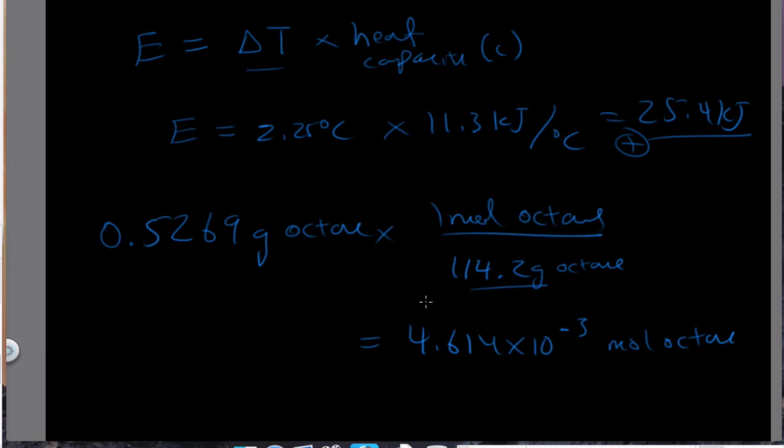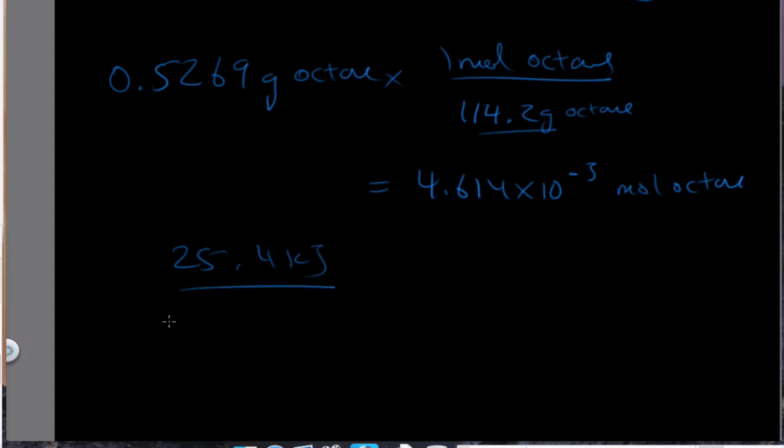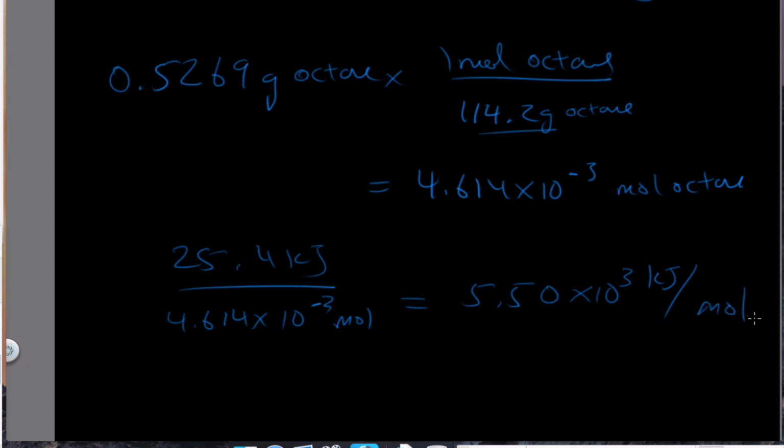So since 25.4 kilojoules of energy was released for 4.614 times 10 to the negative third moles of octane, then the energy that's released per mole is going to be 25.4 kilojoules over 4.614 times 10 to the negative third moles, which is 5.50 times 10 to the third kilojoules per mole. That's how much energy is released per mole.